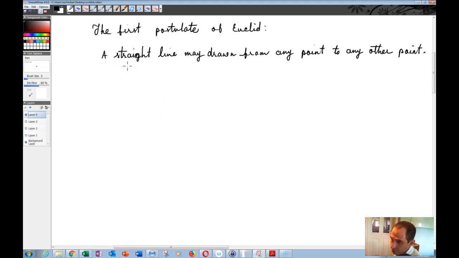Sometimes it means, for example, that there is one and only one straight line that goes from any point to any other point, and it could have any other sort of meaning.